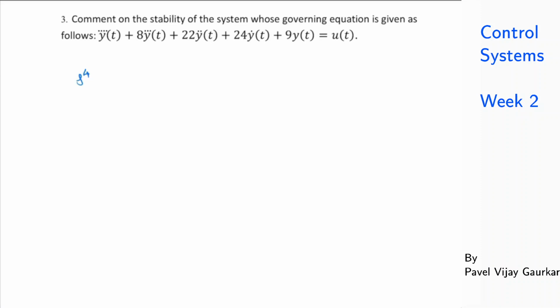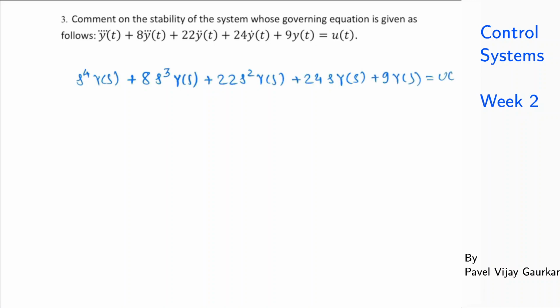So we get s power 4 into y of s plus other terms which include y of 0, y dot of 0, y double dot of 0 and y triple dot of 0, all of which are 0, plus 8 into s cube y of s plus 22 s square y of s plus 24 into s y of s plus 9y of s is equal to u of s.